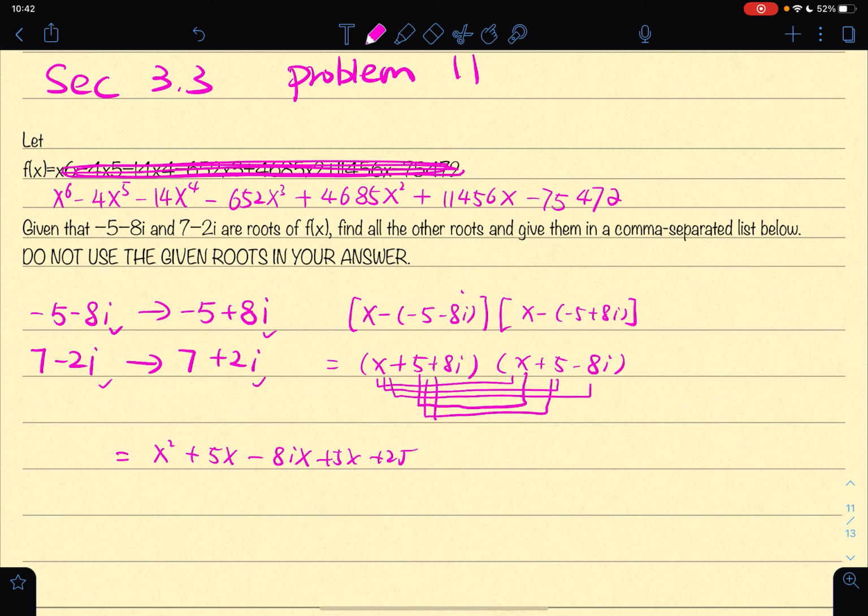And 73 times negative 14 is going to be 1022, which is negative, so 1022x cubed. And then you have your 73 times 53, so you end up with 3869.